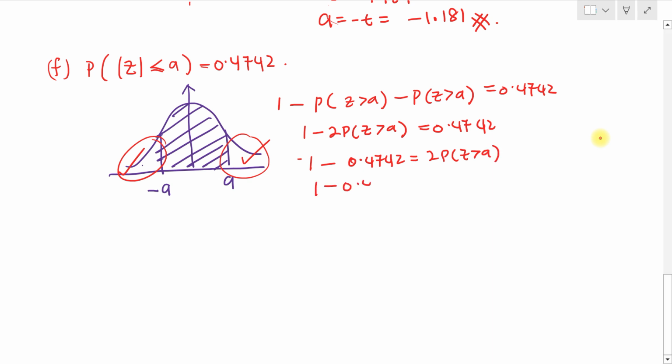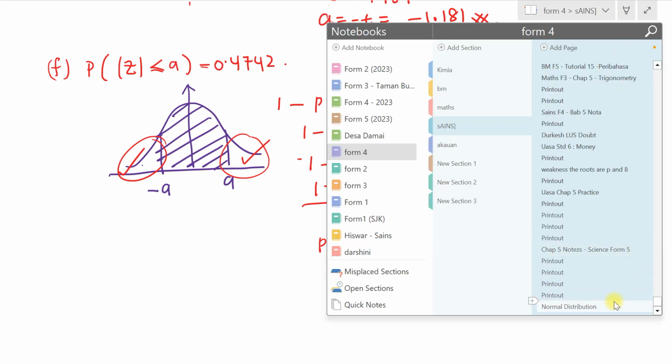And then 1 minus 0.4742 over 2 is equal to probability Z greater than a. So 1 minus 0.4742 divided by 2, you should be getting probability Z greater than a is 0.2629. So you need to find this one in your table.